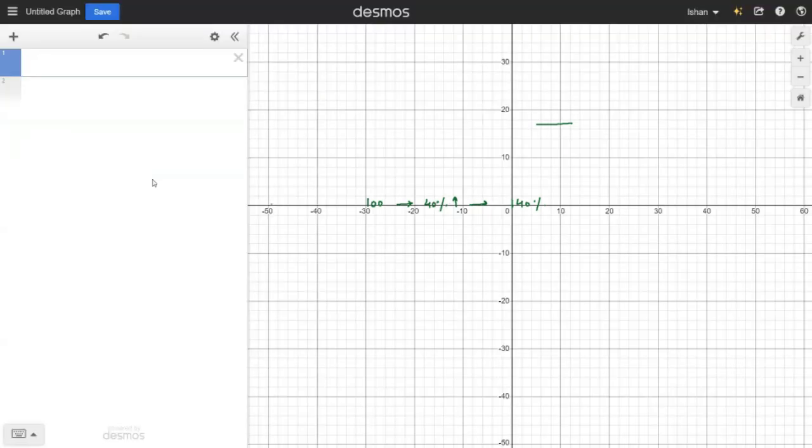Actually, what I'm finding is just 120 plus 40% of 120. That is something I need to find. So I'm directly writing it: 120 plus 40% of 120. That is 168.